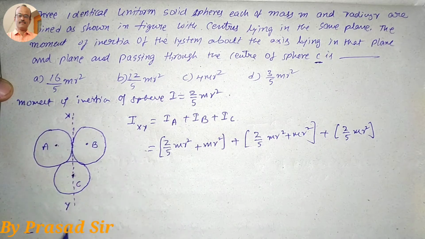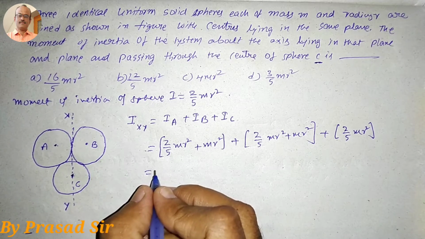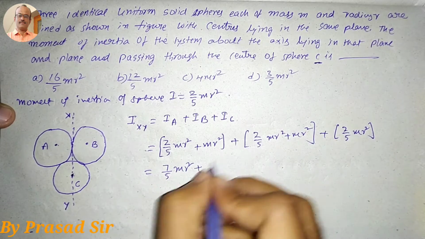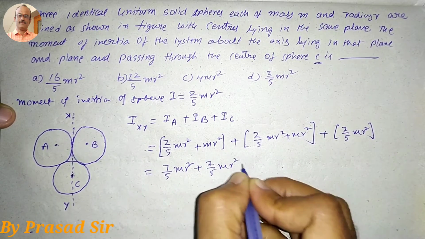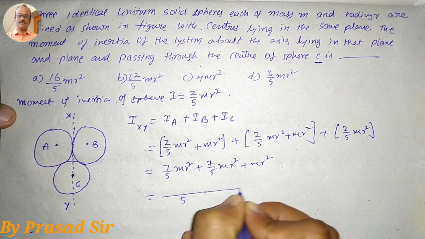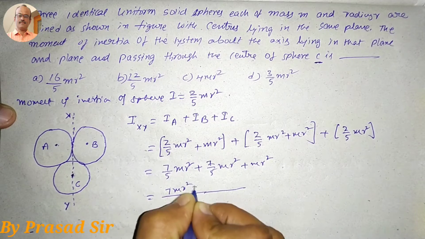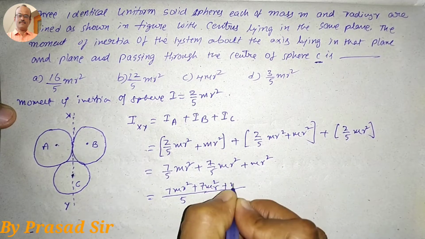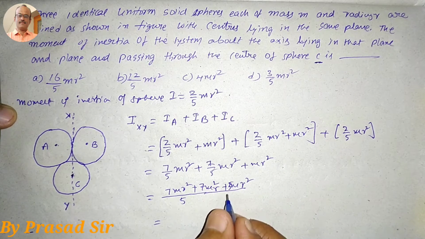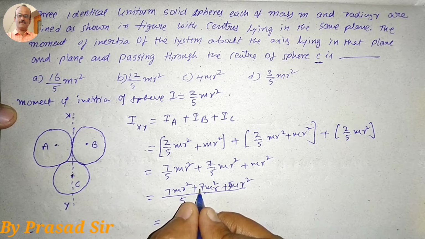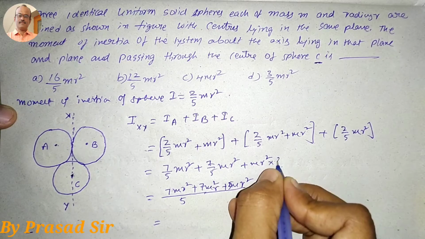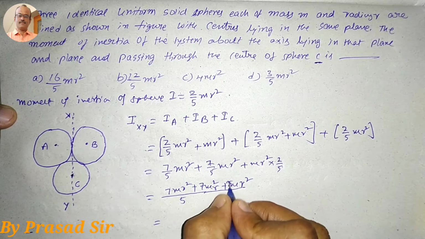So this is the axis. For this one, on addition of these two, 7 by 5 mr square, here 7 by 5 mr square, plus mr square for C's part. Taking LCM 5, 7 mr square plus 7 mr square plus 2 mr square. 7 plus 7 is 14, and here 2 by 5 mr square gives 2 mr square.